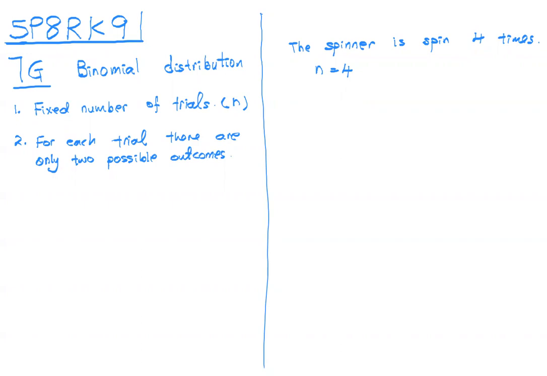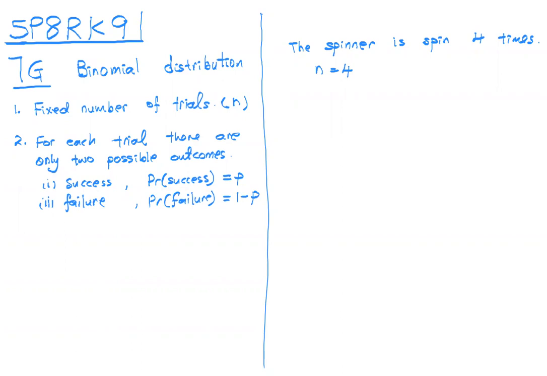So 1, we call it the success. And the probability of success, we give it as P. And the other outcome is called failure. And the probability of failure is 1 minus P.